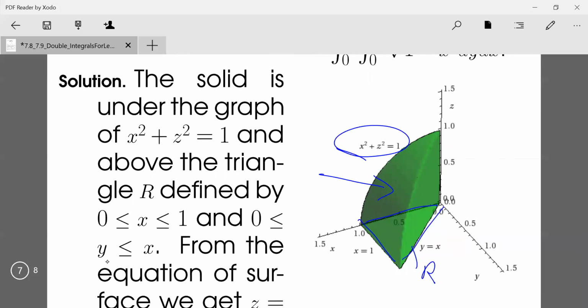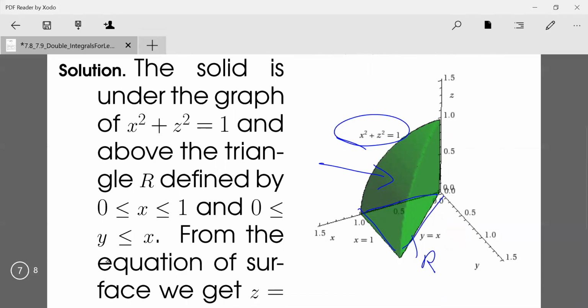Notice that this R, the domain or the bottom of this solid, is described by this: x is between 0 and 1, and y is between y equal to 0 and y equal to x.